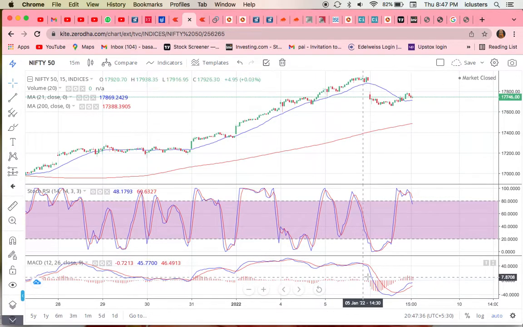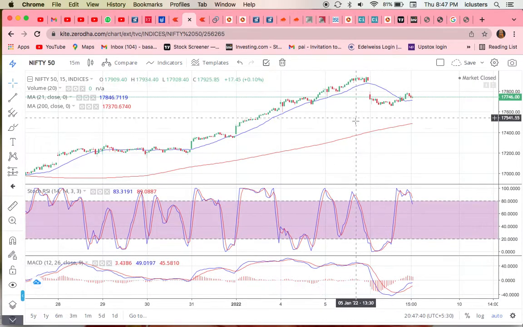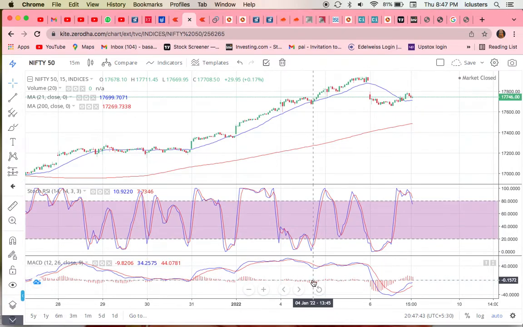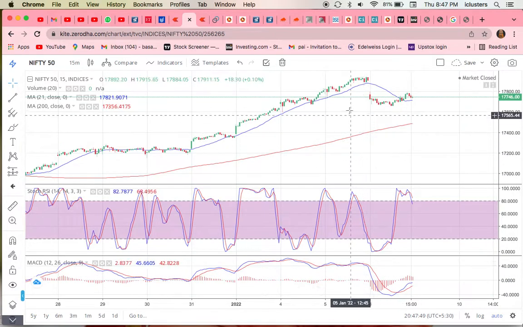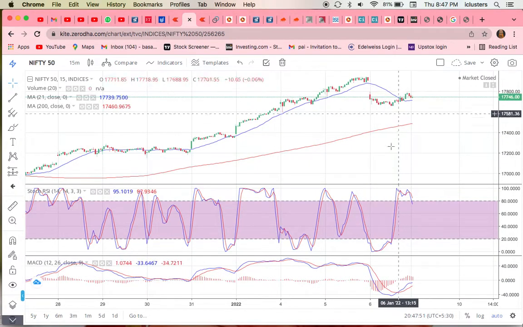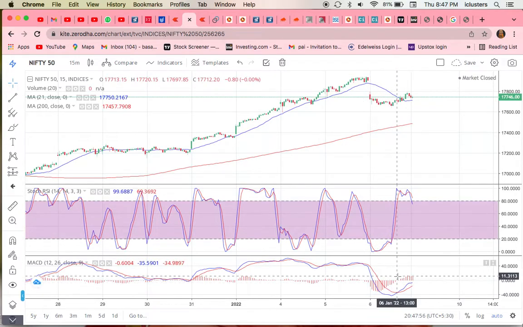See friend, this is the signal you are getting here. This is the border line, this is the MACD border line. If price is above this border line, we are in an uptrend. See here, a fall happened here. See, so from below this border it was creating MACD lines.